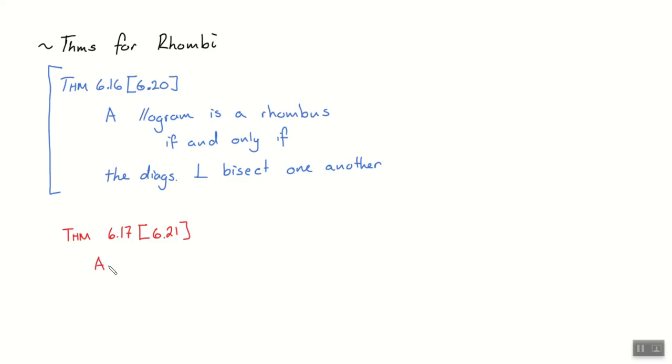So here we go. This time we're talking about the diagonals and the interior angles. A parallelogram is a rhombus, and I'm going to write the singular if here for if and only if. What do the diagonals do to each interior angle? Each diagonal bisects interior angles.